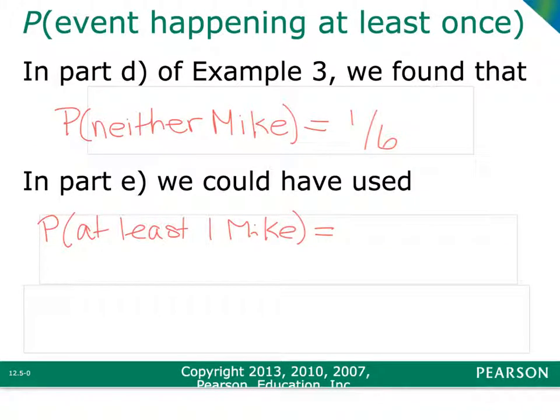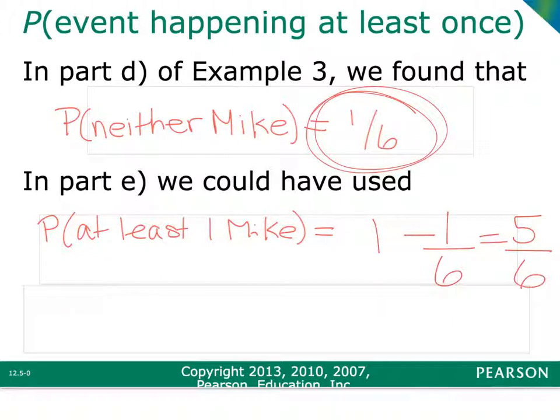So, for example, in that last question we just did, in part D, where it said, what's the probability that neither Mike gets to go? We found out that the probability was 1/6, that neither of them get to go. So you could have used that in part E. In part E, it said, what's the probability that at least one Mike goes? Well, we could have taken 1 minus the probability that neither go, and we would have had the same answer of 5/6, a lot faster.